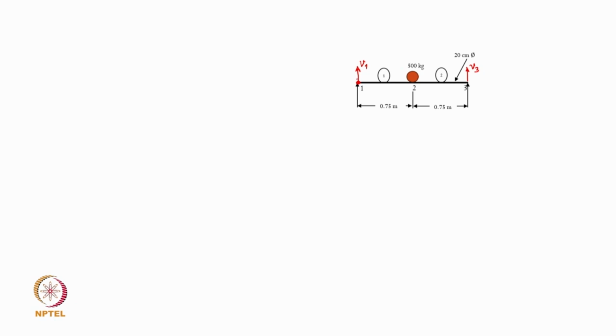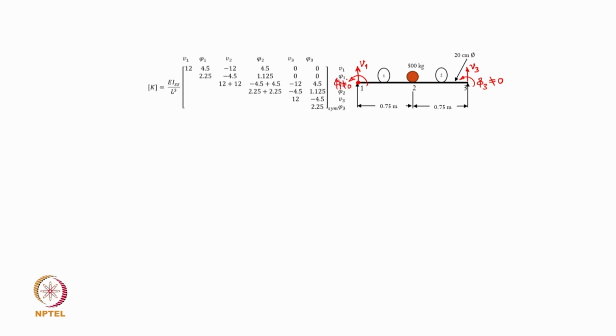And we all know that the simple supports offer no resistance to the slope, and therefore, phi 1 and phi 3 will not be 0 in contrast to V 1 and V 3. So, phi 3 is not 0, neither is phi 1.